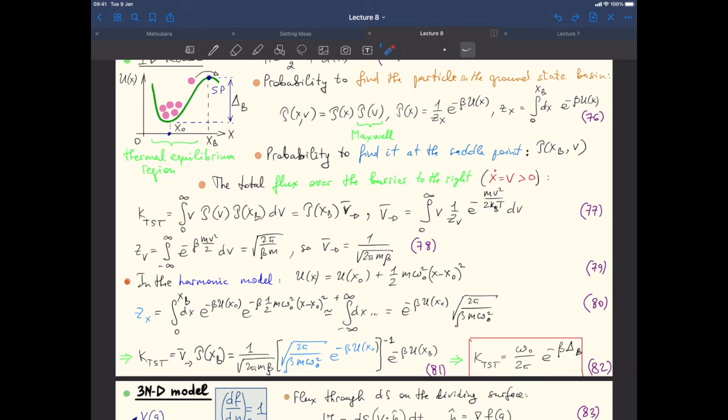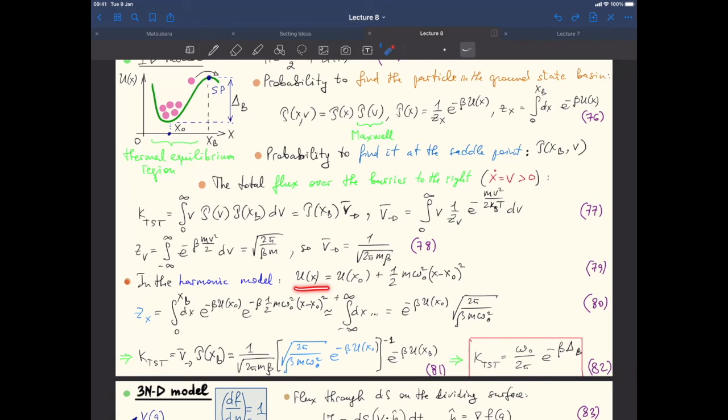However, because of this kind of parabolic shape of the potential energy surface, and we have a minus sign in the exponent, only values of x in the vicinity of x naught would contribute most. And therefore, we can approximate the whole potential energy surface here by a parabola, which has a minimum at the point x naught.